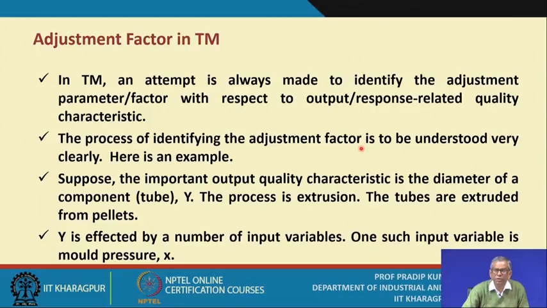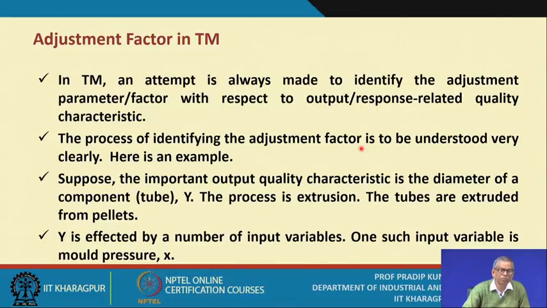Now, you have to identify the process parameters and their values in such a way that the value of the output related quality characteristic is acceptable to you, and it should be acceptable as well as the best value. That is the process of identifying the adjustment factor, and that is the thing you have to do.